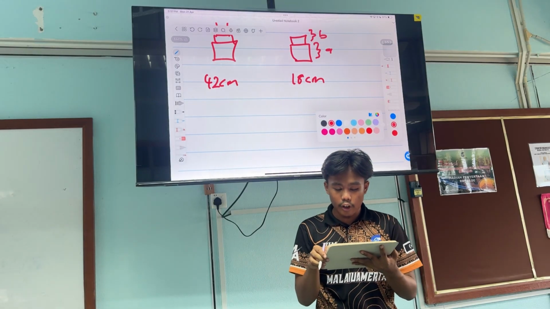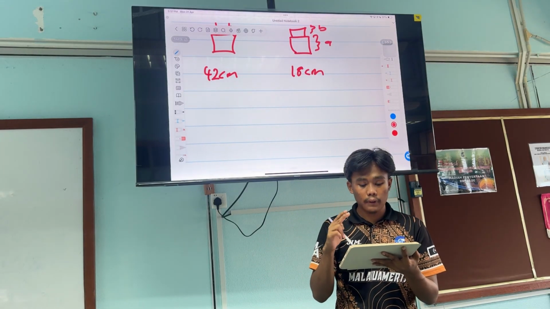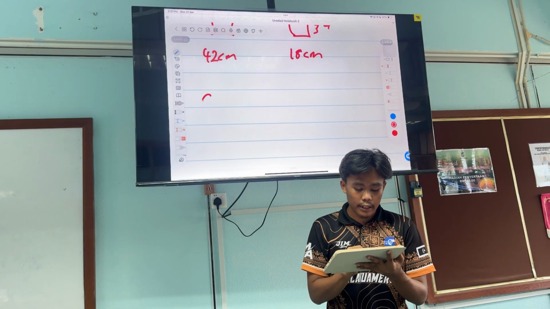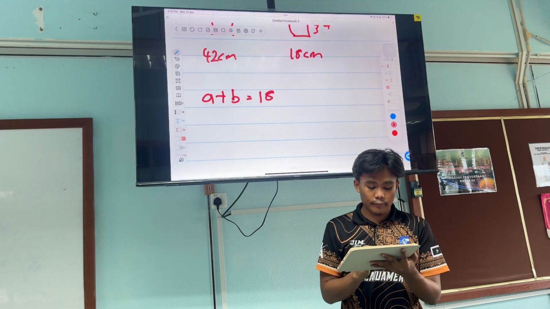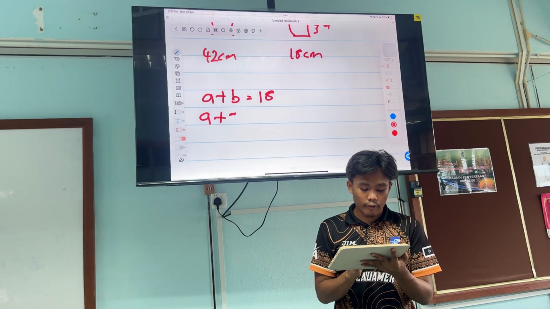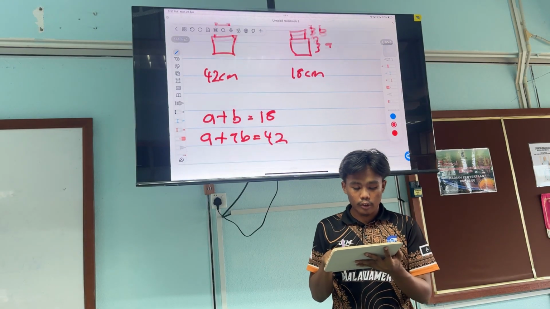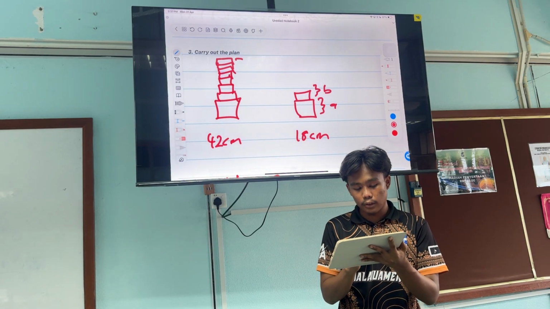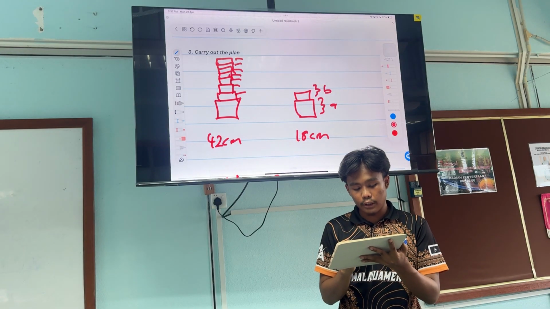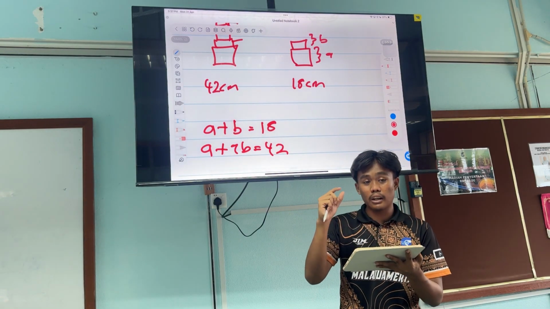For the 2 cups that stack, we can say A plus B equals 18, and for the 8 cups, we can say A plus 7B equals 42. Why 7B? Because the stacked glasses are 1, 2, 3, 4, 5, 6, 7, so they have 7 glasses there, not the full length.